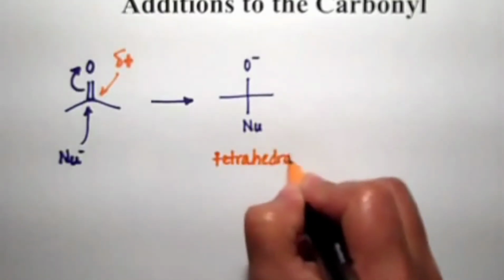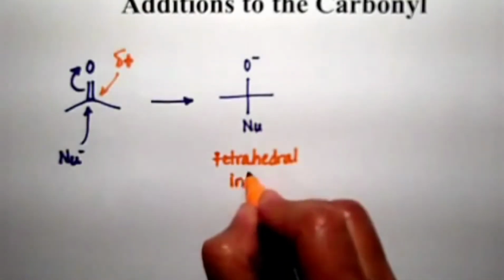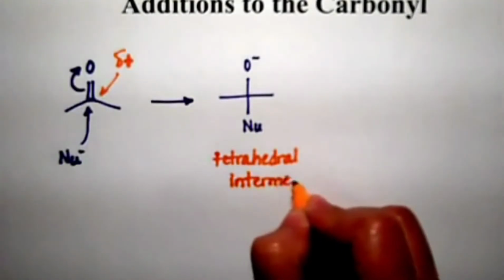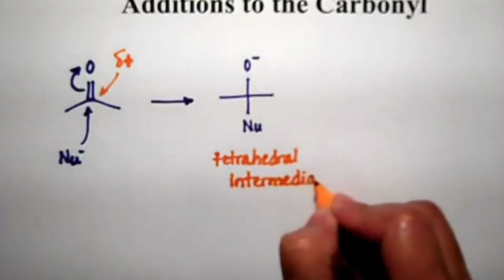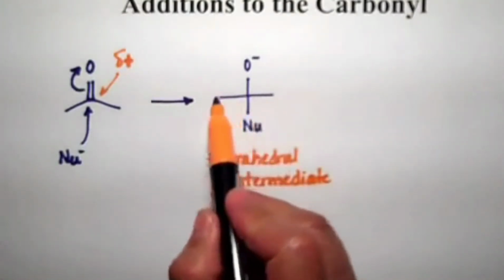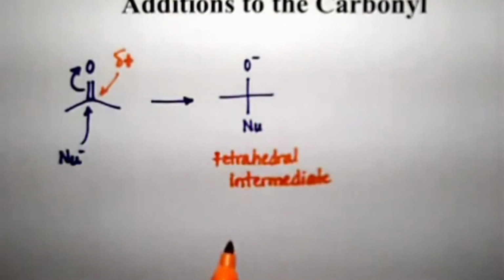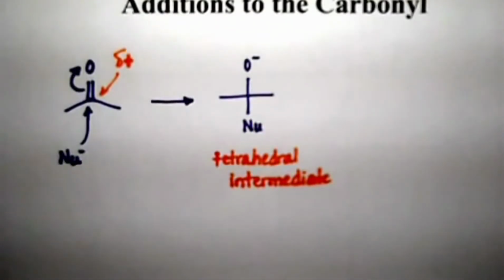And when you get a tetrahedral intermediate, you check to see if you have good leaving groups. And this one doesn't happen to have any good leaving groups. These are 2 CH3s right here, which are going to be bad leaving groups, and the nucleophile that we just added, we're going to assume that it's also a bad leaving group.